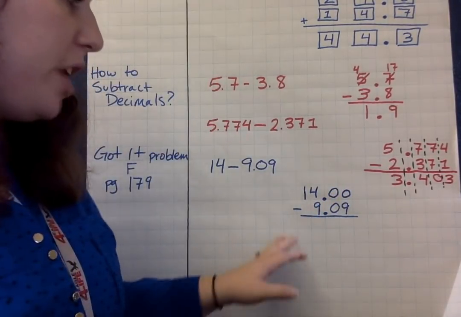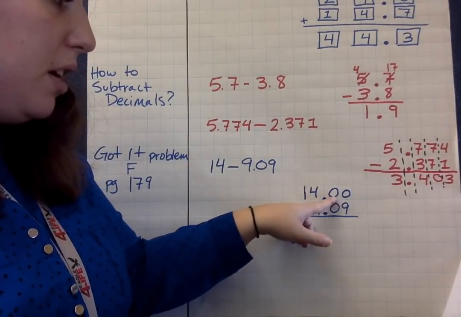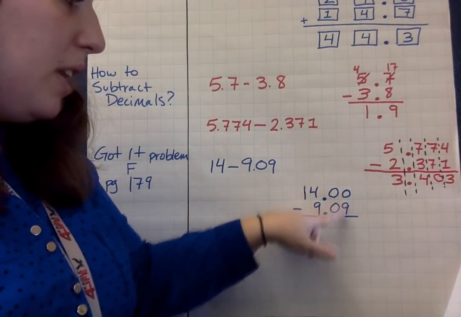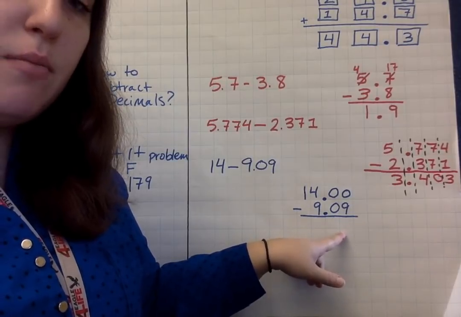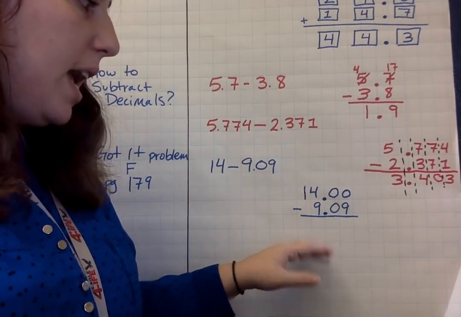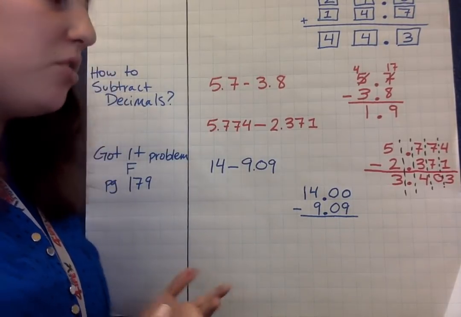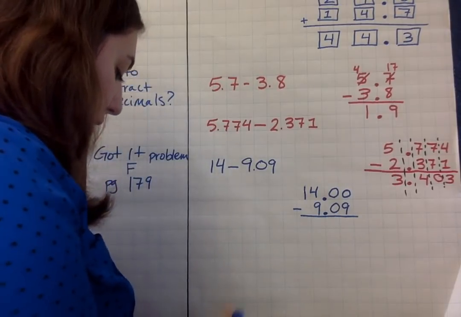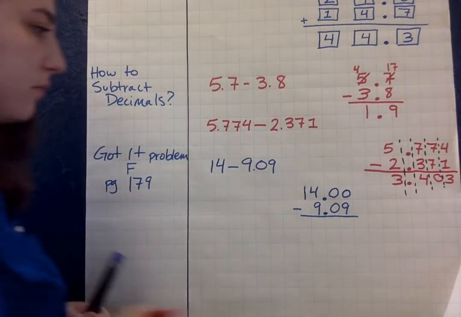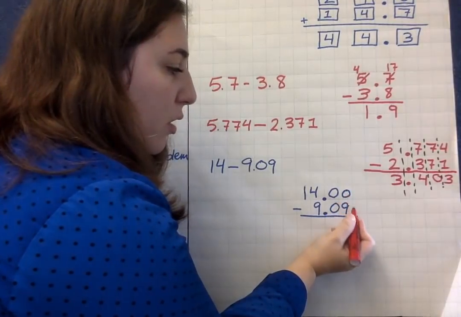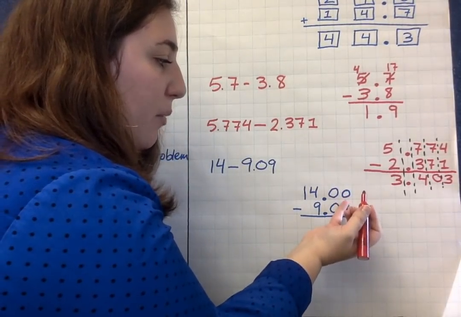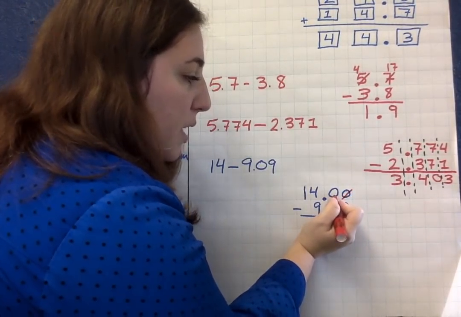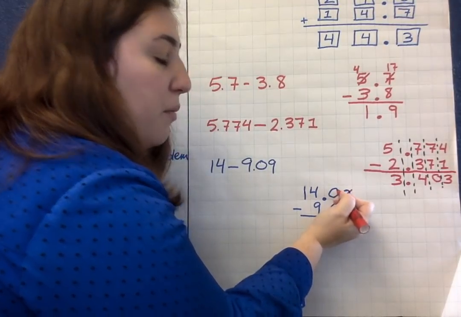So does that change how it looks? So if I put a 0 here and a 0 here, now can I still drop down this 9 or this 0? Okay, I might have to borrow. I'm actually going to have to borrow. So if I start borrowing, okay, so 0 minus 9, I need to borrow from this one. But there's nothing to borrow from.